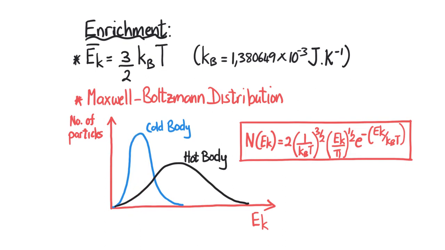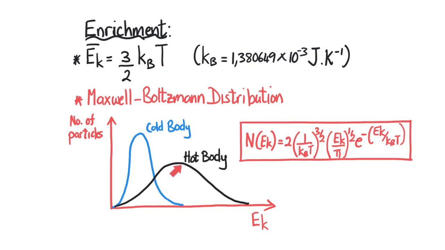So we've looked here and identified that because the average kinetic energy is directly dependent on the temperature, if the temperature is low, the average kinetic energy is going to be low, as we can see here. And likewise, if the average kinetic energy is high, then that's going to mean that the temperature is high, or vice versa. If the temperature is high, the average kinetic energy is going to be high.